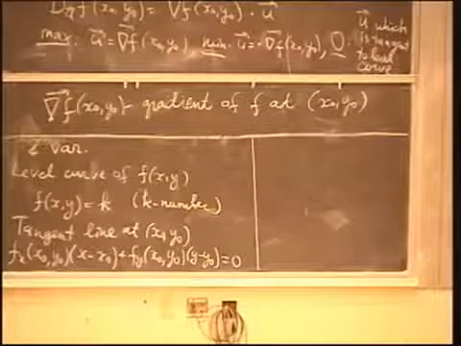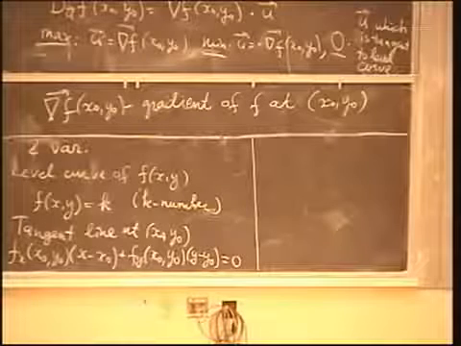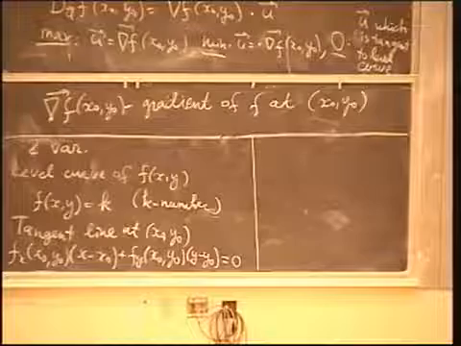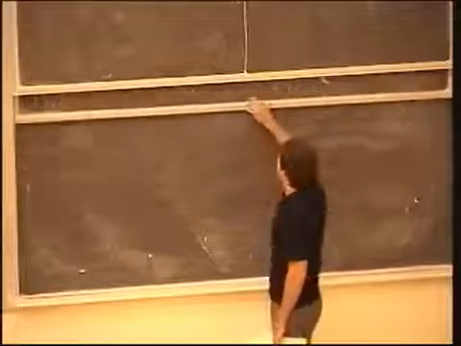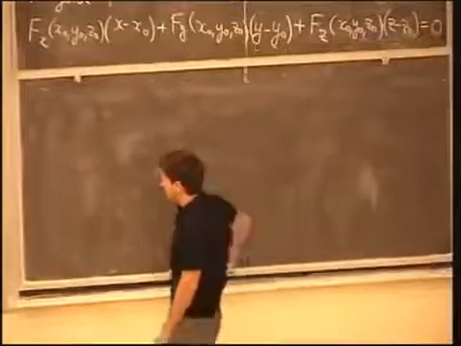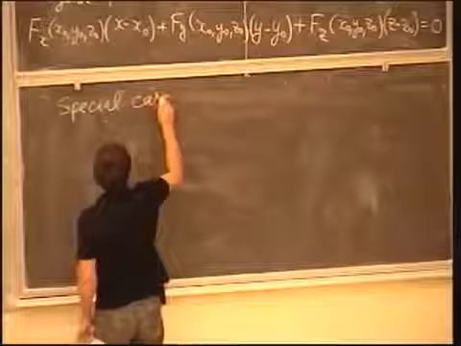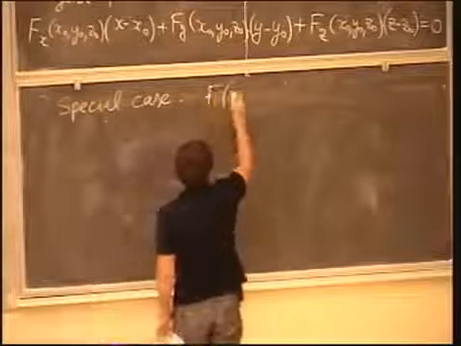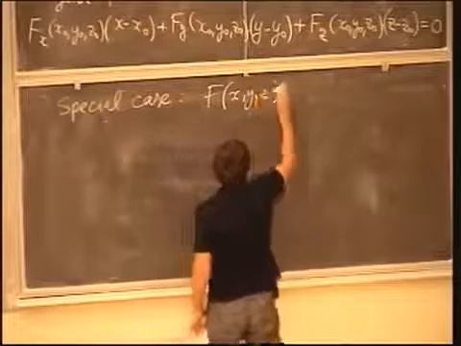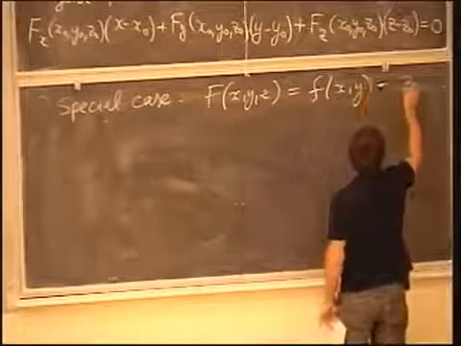Now, what is slightly confusing in this is that there is a special case of this three-variable picture. And the special case is when F(x, y, z) is f(x, y) minus z.